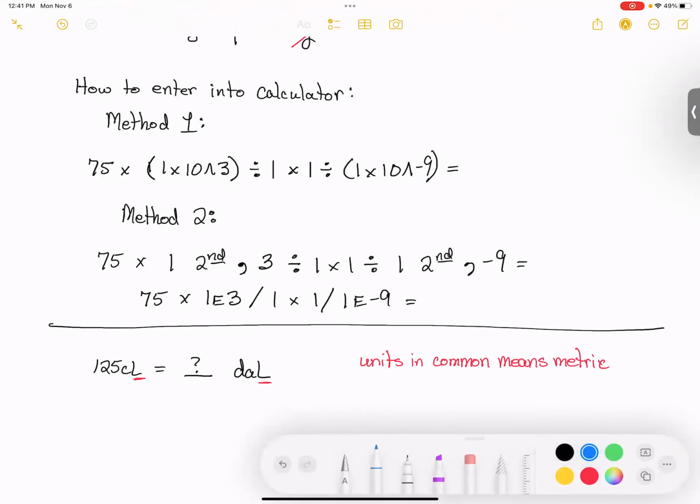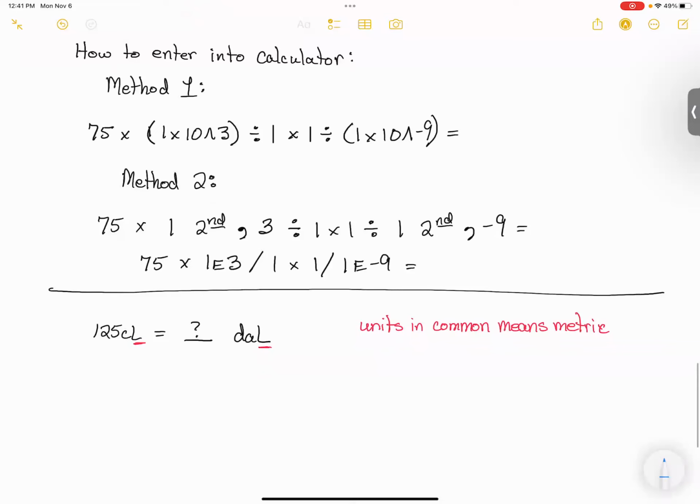For the first conversion, it's going to be a 2-step because there are two prefix units.